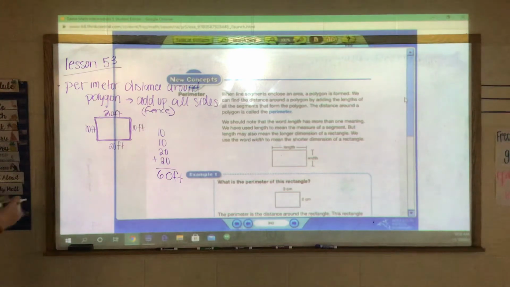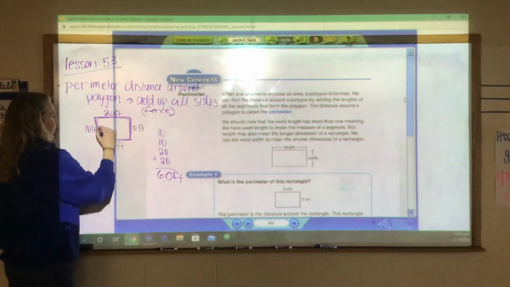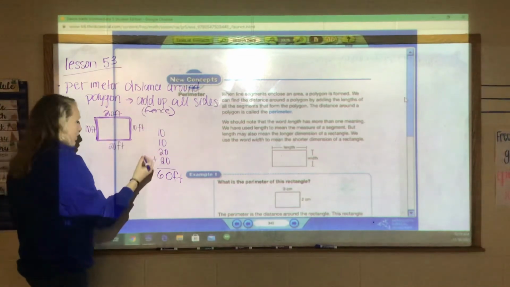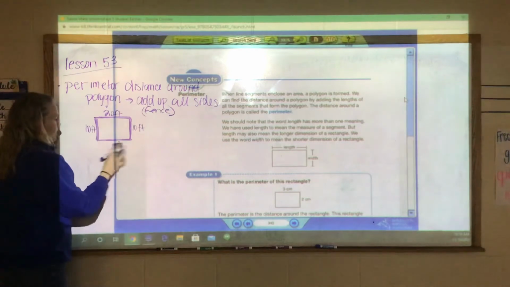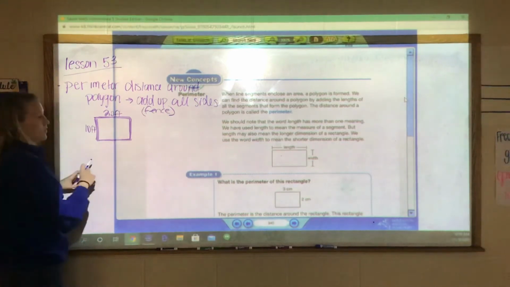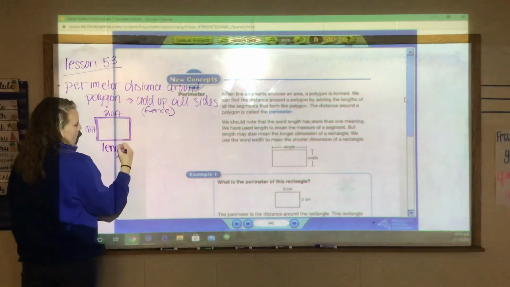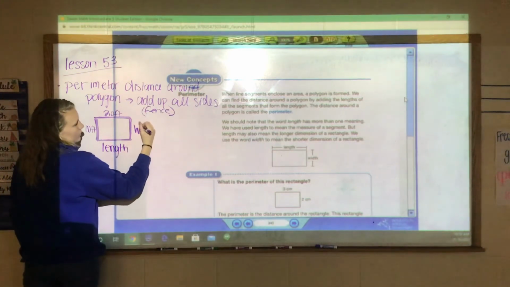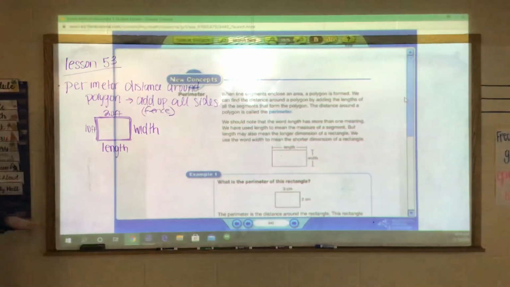Now, we have our length and our width for a rectangle. Let's do this. So this is your length, and this is your width. Okay, so let's look at this.